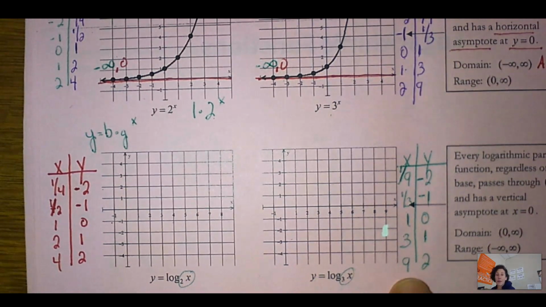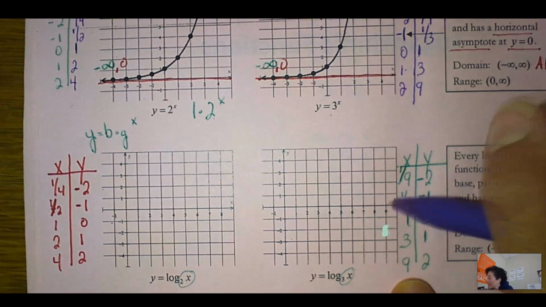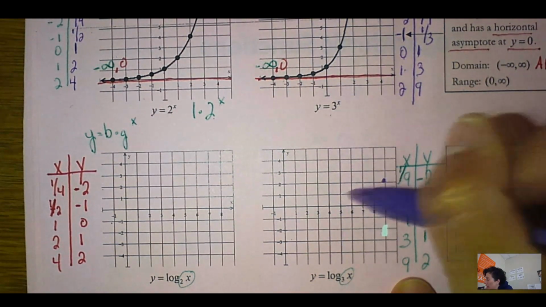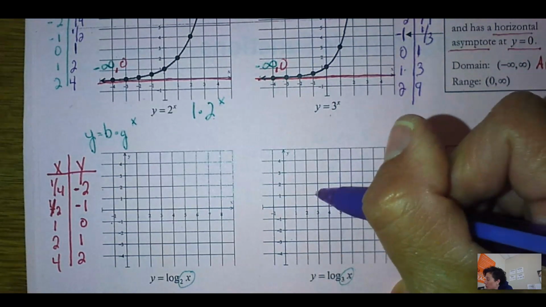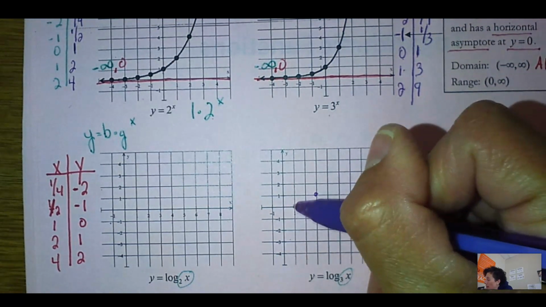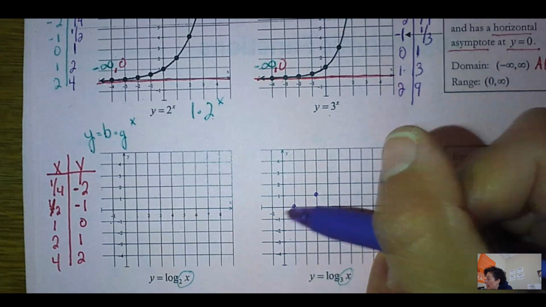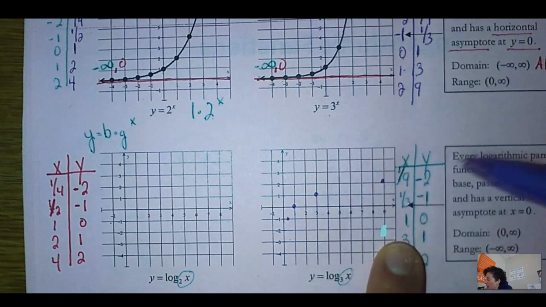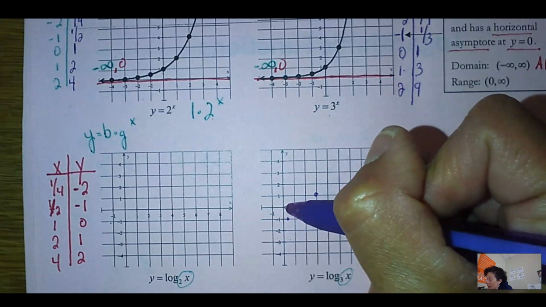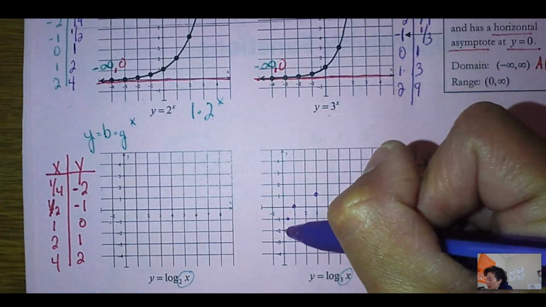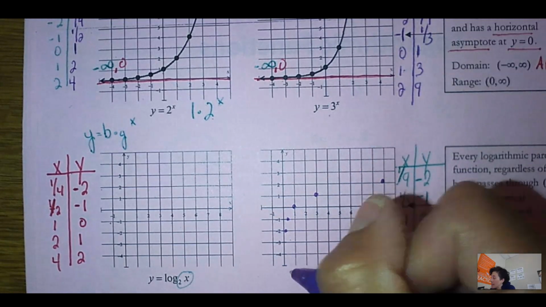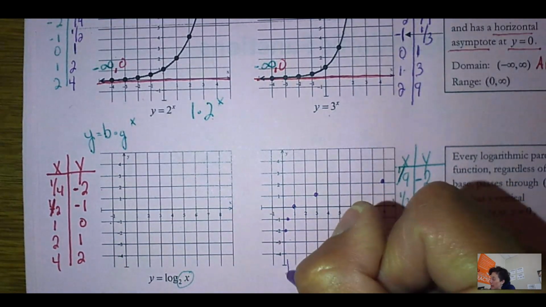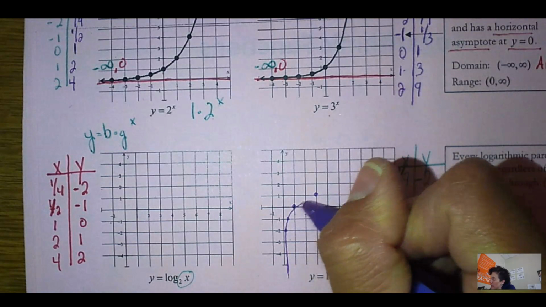So let's actually start with this point. 9, 2, and then 3, 1, 1, 0, and then a third, oh no, there's a third going down to negative 1, and then over 1/9, that's barely over 0 and going down to negative 2.